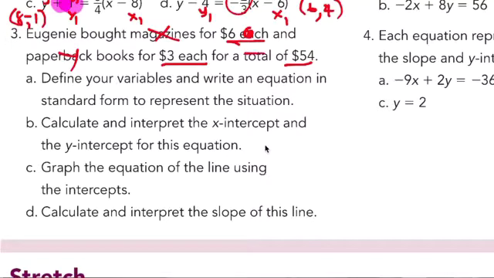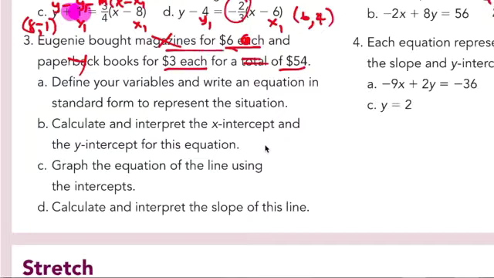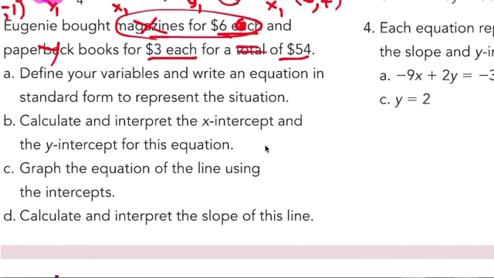Okay, for the total of that, define your variable, write an equation in standard form to represent the situation. Okay, this is 6 times x, so that's 6x, plus the paperback book. They're $3 each, equals a total of 54.